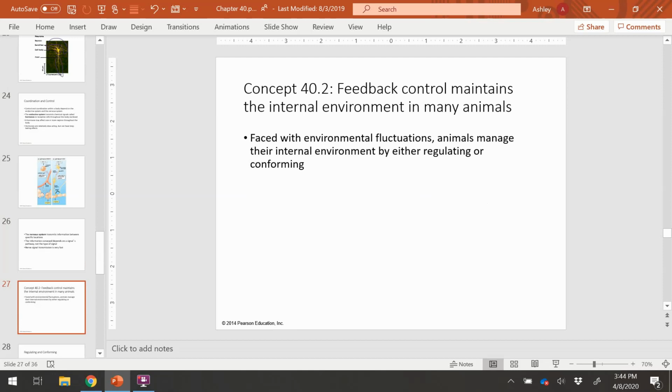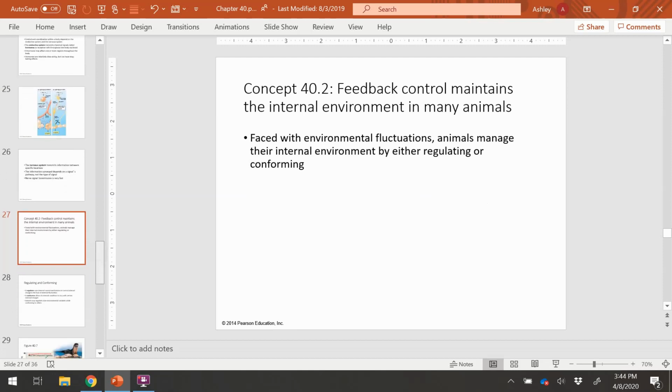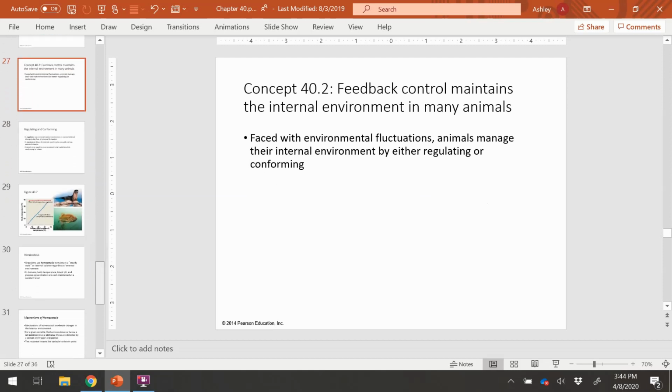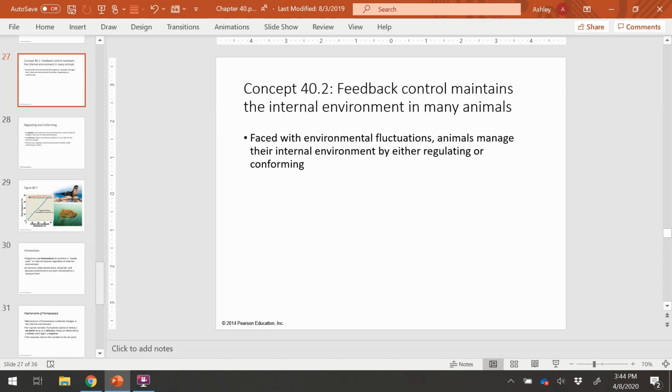Looking at tissues and systems, one thing we also like to group here is how animals maintain their internal environment, and how they control their internal environment as compared to the outside environment. They are either going to regulate or conform.